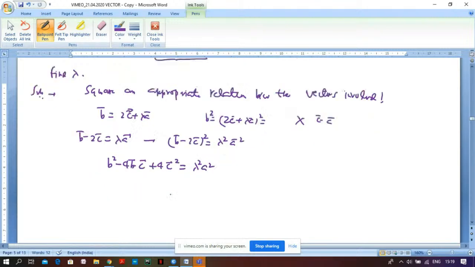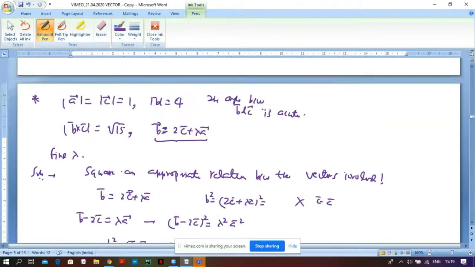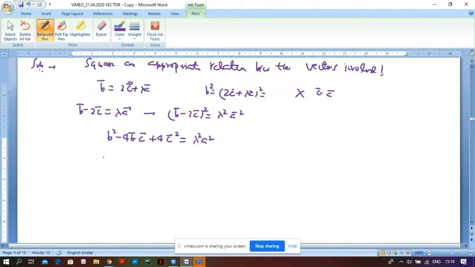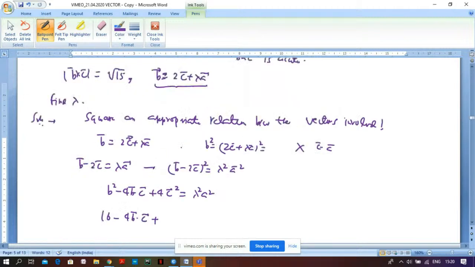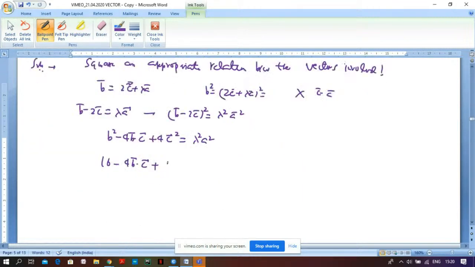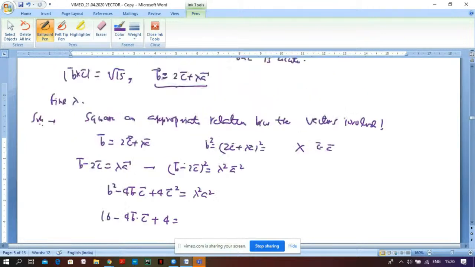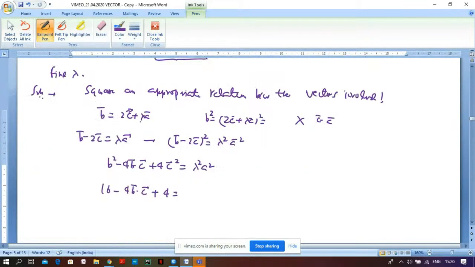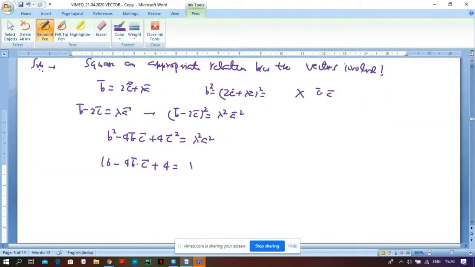Now c squared, as I told you, is mod c squared. So b squared is given, and b squared happens to be 16. So this is 16 minus 4 b dot c you leave, and plus 4c squared. That 4c squared is given to be just 4. And lambda square a squared, mod a is 1, and so it is just lambda squared. So if I get to know b dot c, my job is done.